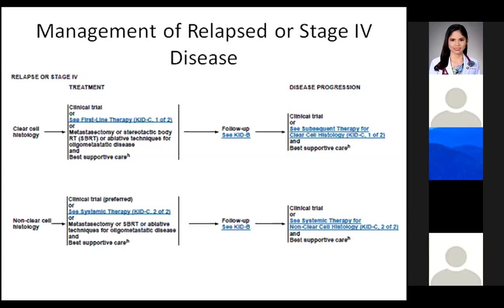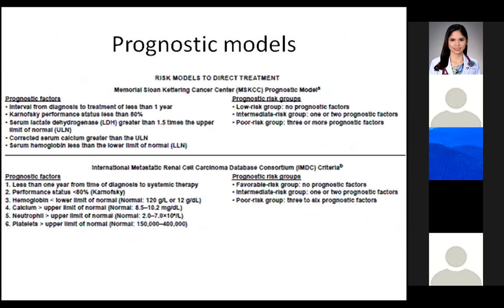So may prognostic system sila to risk stratify patients in metastatic settings. So ito yung dalawa. The most widely used prognostic factor model is from the Memorial Sloan Kettering Cancer Center or MSKCC, derived from examining prognostic factors in patients with metastatic RCC enrolled in clinical trials that are treated with interferon.